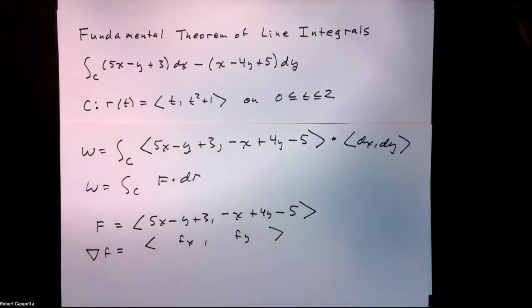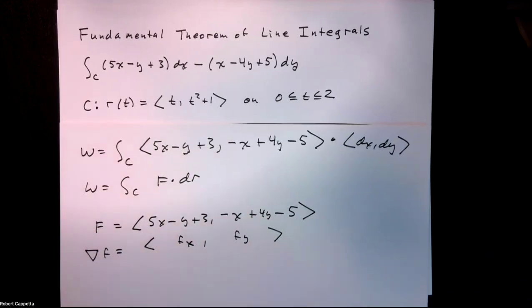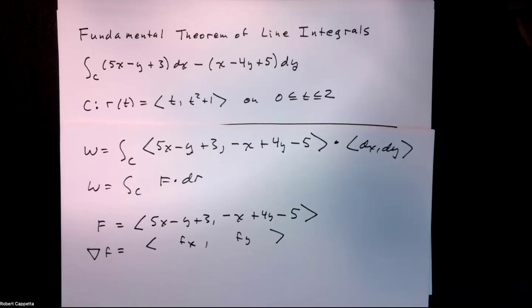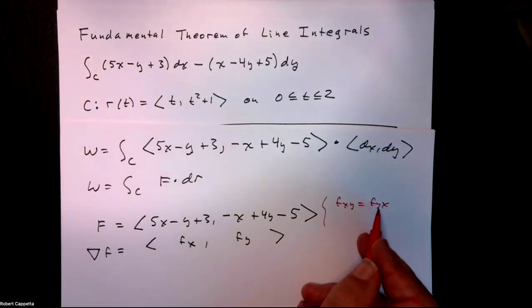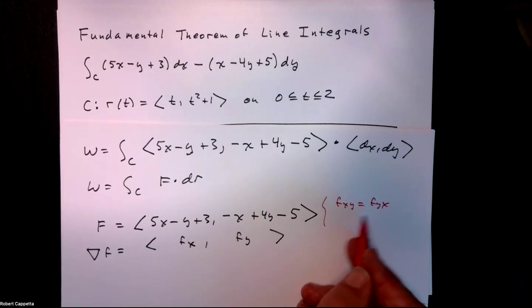And the way that we proved something was conservative previously was to show that its curl is 0. And you certainly could do this, even though we only have 2 dimensions. But it's much simpler to keep something in mind, namely that the mixed partials must be the same. f sub xy and f sub yx have to be the same for these nice functions.